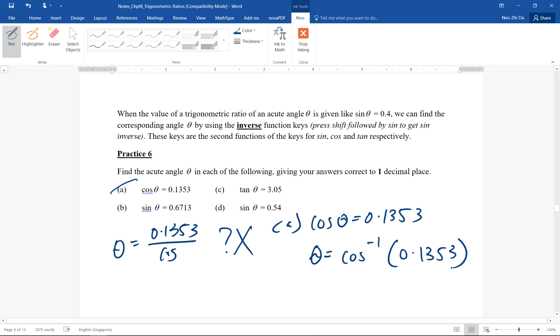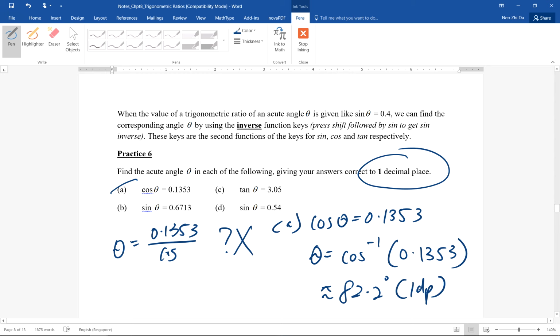So you shift cosine inverse, you get cosine inverse, to the power negative 1, of 0.1353. The answer you should get is 82.224 something. For angles, always round off to 1 dp as your final answer. So 82.2 degrees, 1 dp.